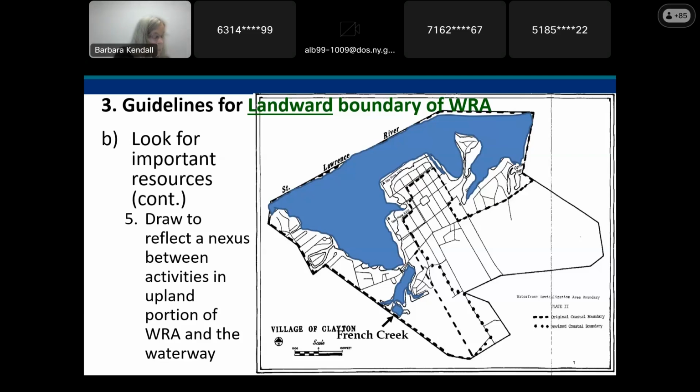So they needed to write this justification in the LWRP to show us why they wanted to expand the coastal area. They did that, and it was approved, and they said that it would help them with continuity in waterfront planning efforts and enable additional public access to be considered to the waterfront by adding that area.